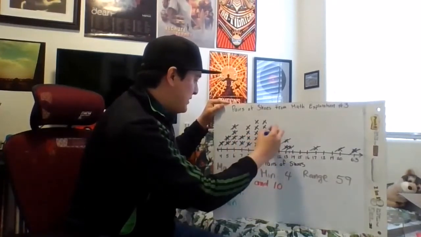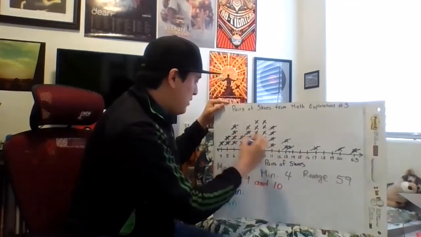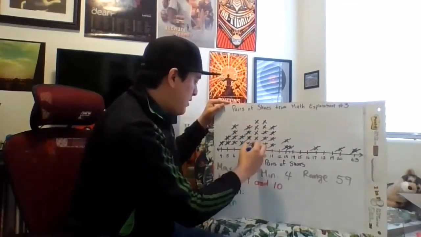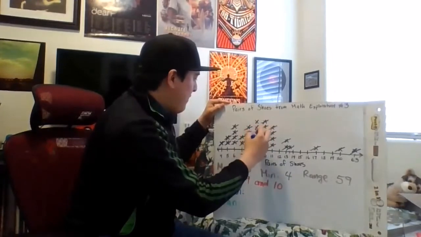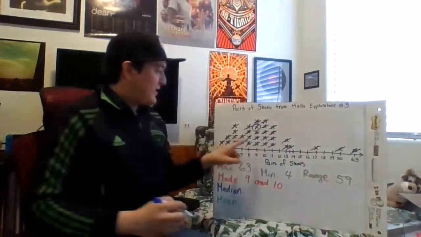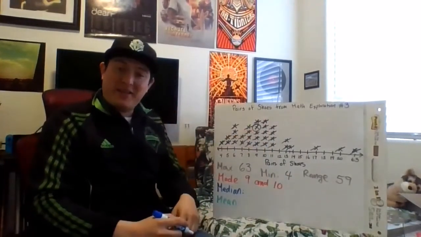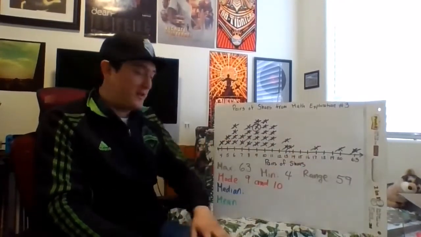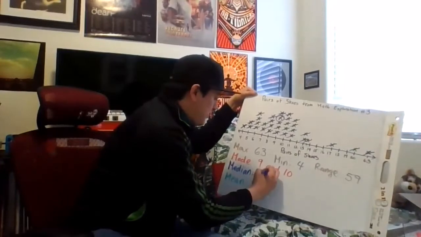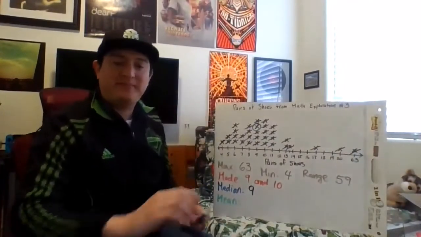So I keep doing that. And you can see here that 9 is the middle number between our data points. And so the median is 9.